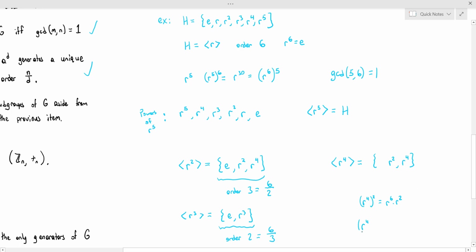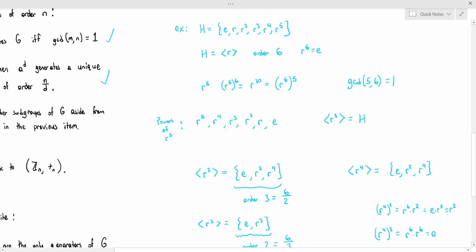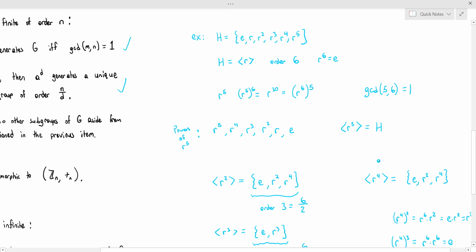And then r to the 4th power cubed gives us r to a power of 12, which is just going to be the identity. So r to the 4th also does not generate the entire group, because 4 is not relatively prime to 6.